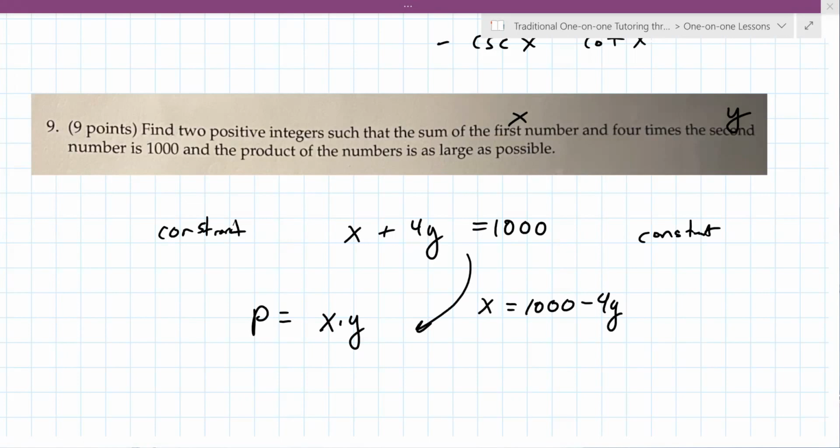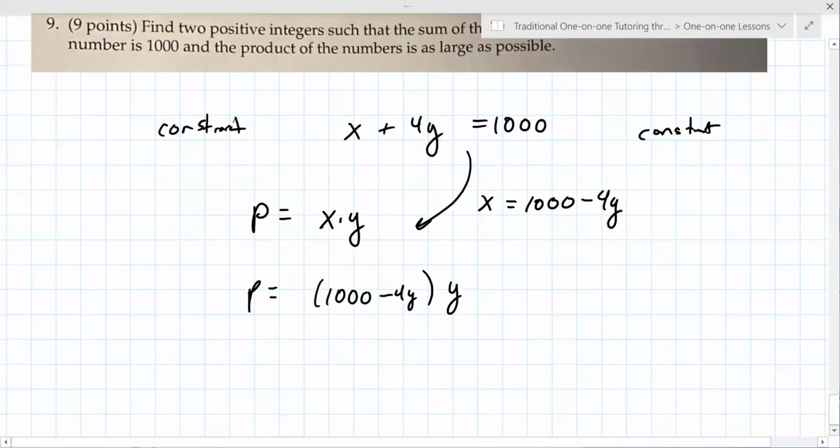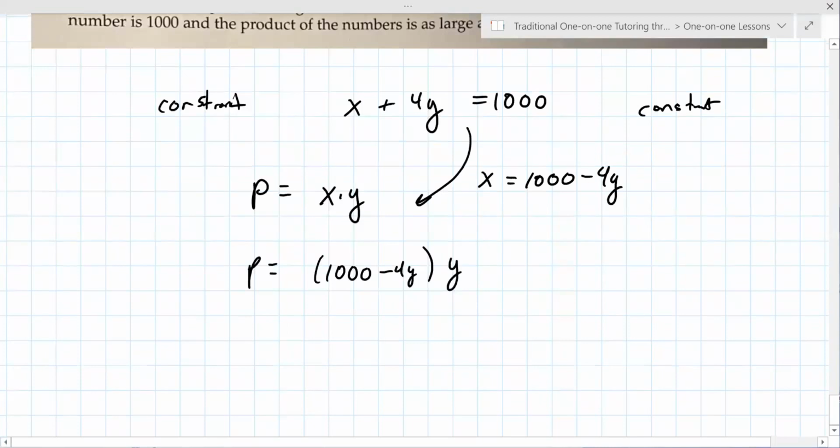So now when you substitute this in, you get P equals 1,000 minus 4y times y. And again, kind of like those earlier problems, you definitely want to distribute this in. So it's 1,000y minus 4y squared.